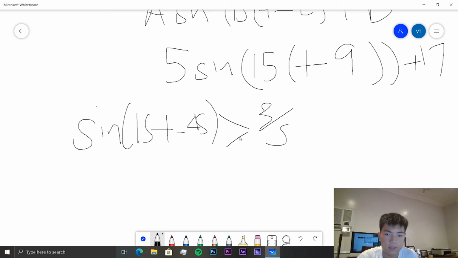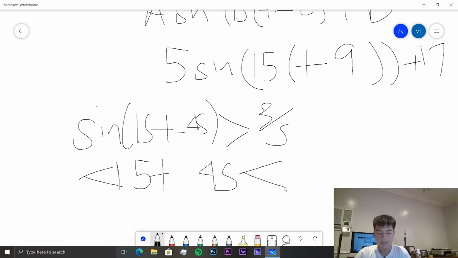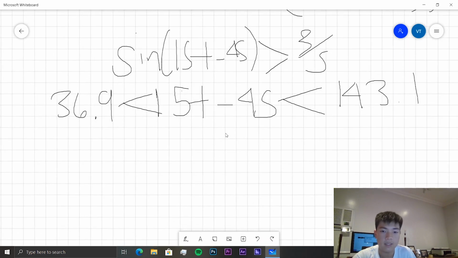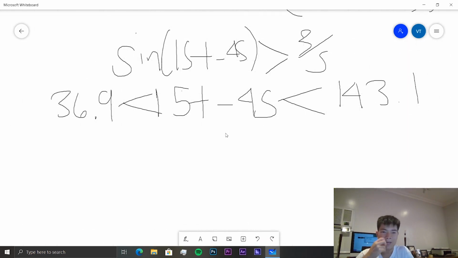Sine of that is greater than 3/5, so 15 t minus 45 is in between sine minus 1 of 3/5. It's in degrees, please. Sine minus 1 of 3/5 is equal to 36.9, and 180 minus that is equal to 143.1. So now we can add 45 to both.